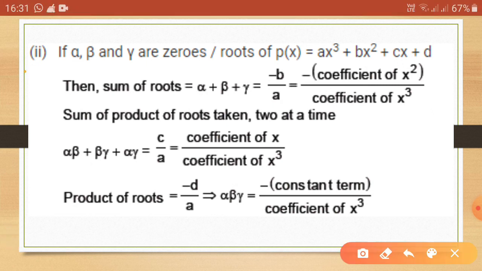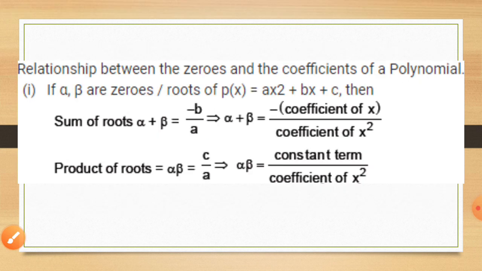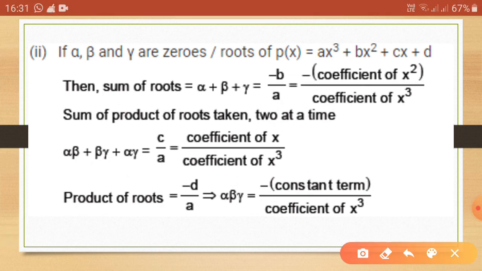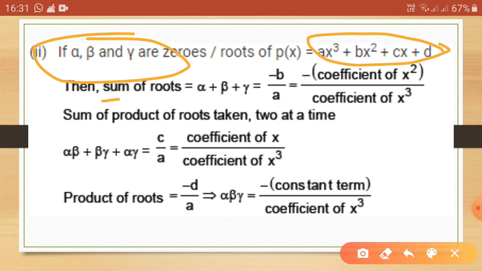Okay, now if the degree of an expression is 3, then we will have 3 zeros. In the previous example the degree was 2, so we had 2 roots, alpha and beta. When the degree is 3, we will have 3 roots. So we already have alpha and beta, and another one will be gamma. For this expression, the roots will be alpha, beta, gamma, because we need 3 roots or zeros.